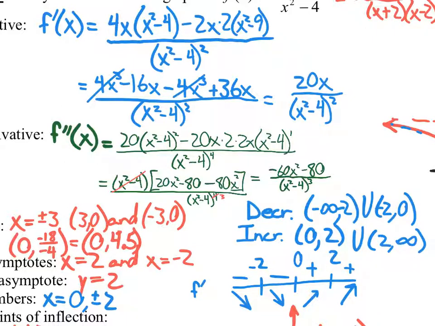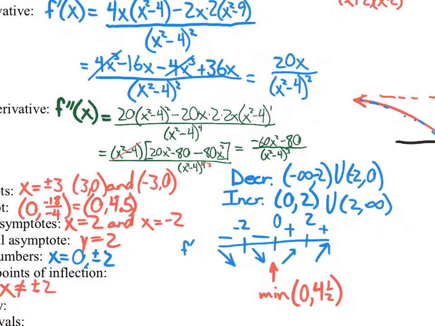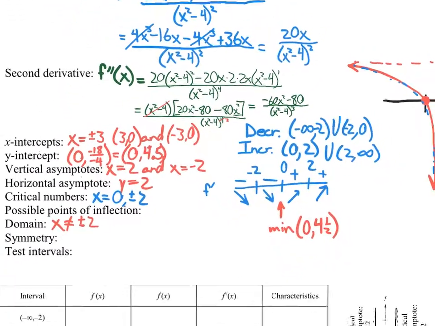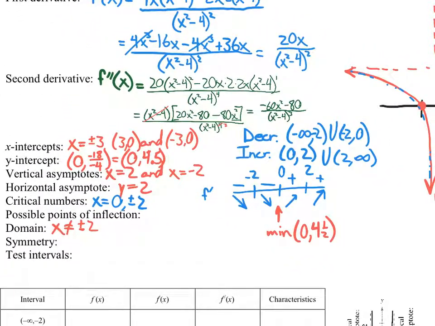What are the potential points of inflection going to be? Or where are the potential points of inflection going to be? So when it's equal to 0, so there will be negative and positive 2. Well, let's look at that numerator a little more closely here.